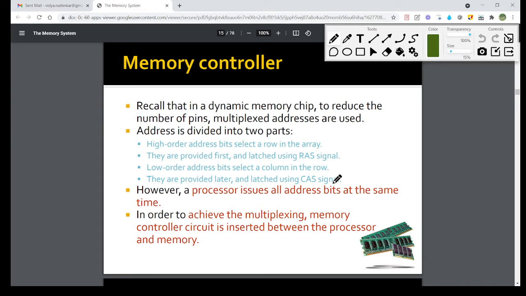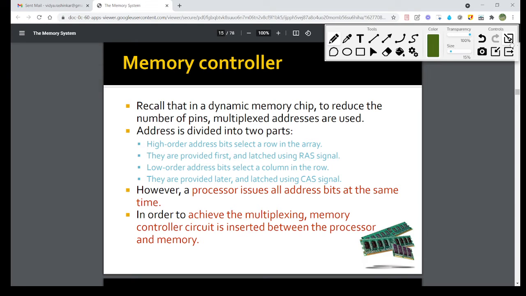Here RAS stands for row address strobe and CAS stands for column address strobe. However, a processor issues all address bits at the same time. So in order to achieve the multiplexing, a memory controller circuit is inserted between the processor and the memory.